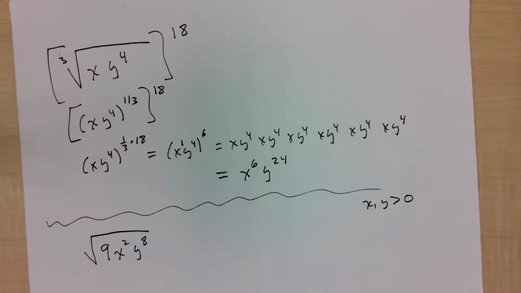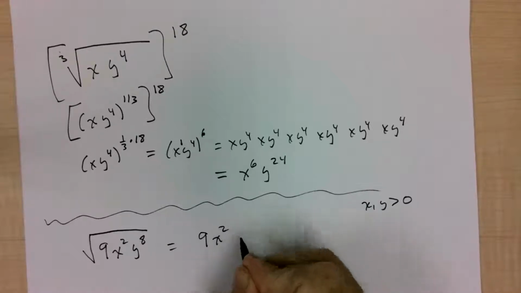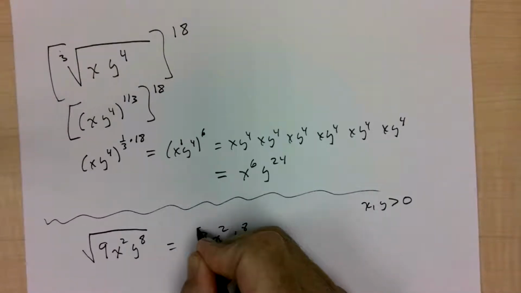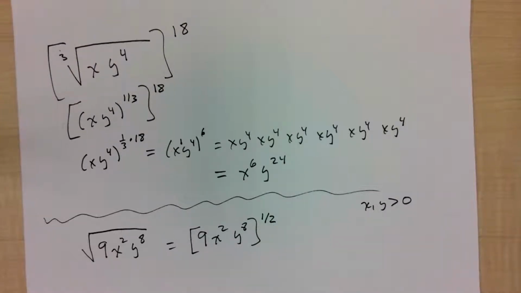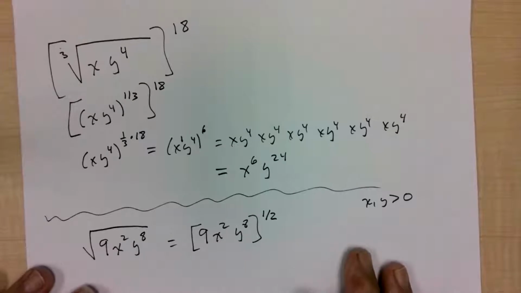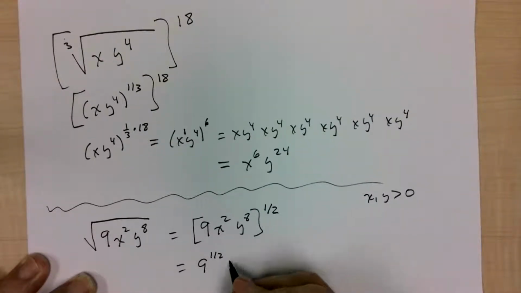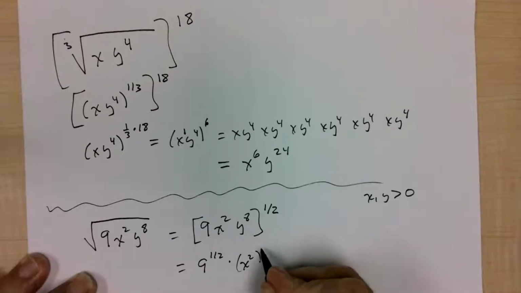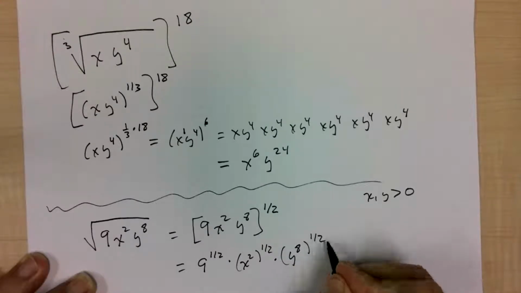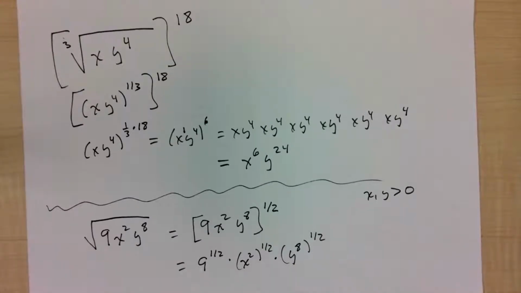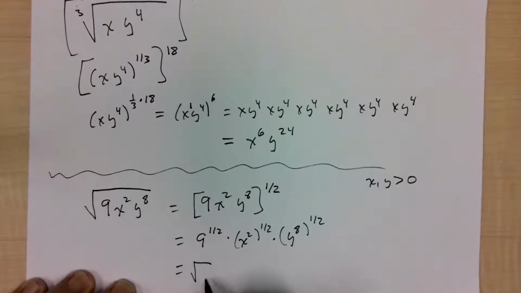Well, this is 9x squared y to the 8th, all raised to the 1/2 power, which would then be 9 to the 1/2 times x squared to the 1/2 times y to the 8th to the 1/2. 9 to the 1/2 means the square root of 9.